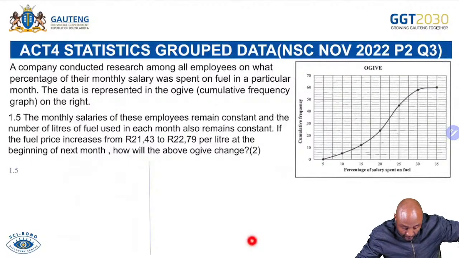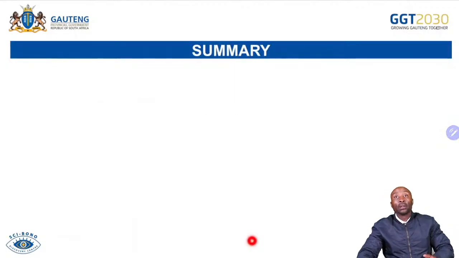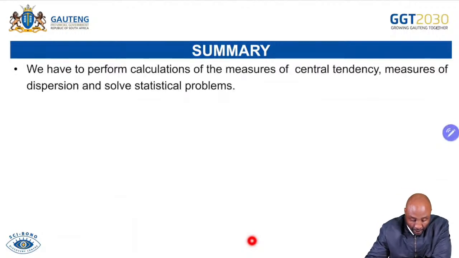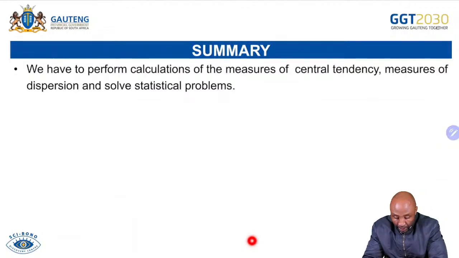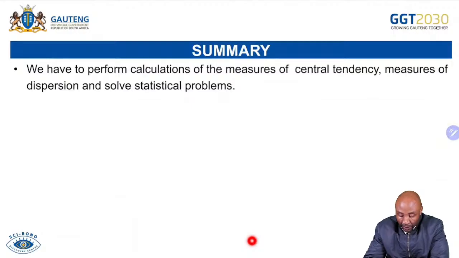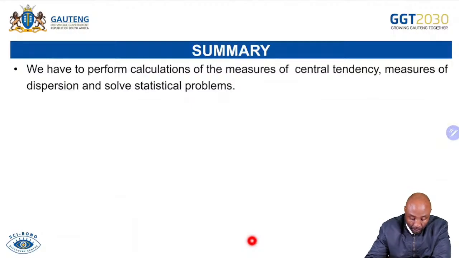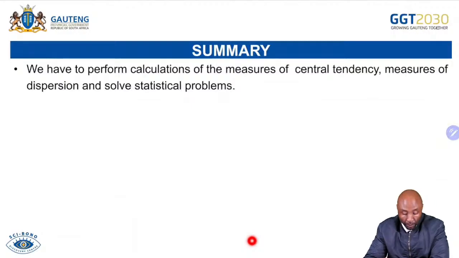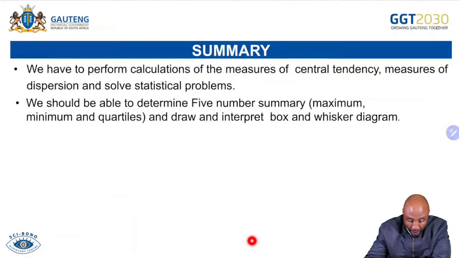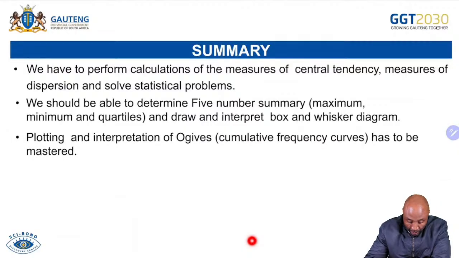With that being said, I thank you all for watching, and in summary, we are saying we have to perform calculations on measures of central tendency, measures of dispersion, and solve statistical problems. We should be able to determine the 5-number summary and be able to draw a box and whisker plot.